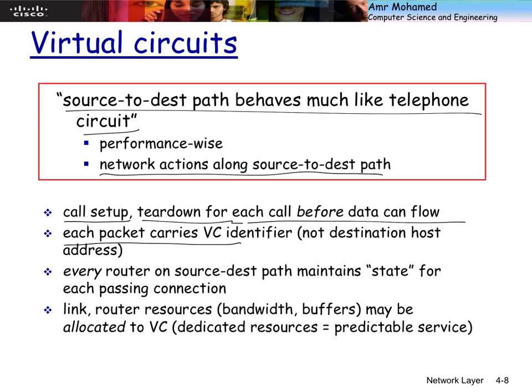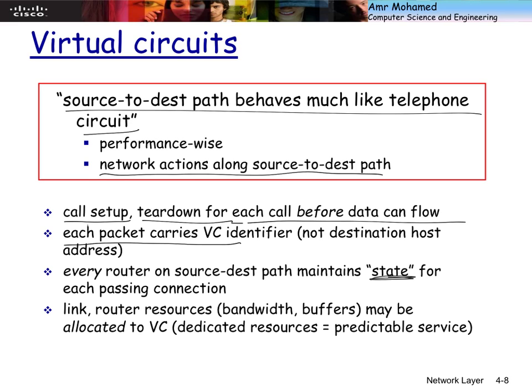If I use virtual circuit, then the destination address will not be enough. The host will have to send a request across the network: I want to establish a virtual circuit to this destination. So there is a call setup that has to happen.